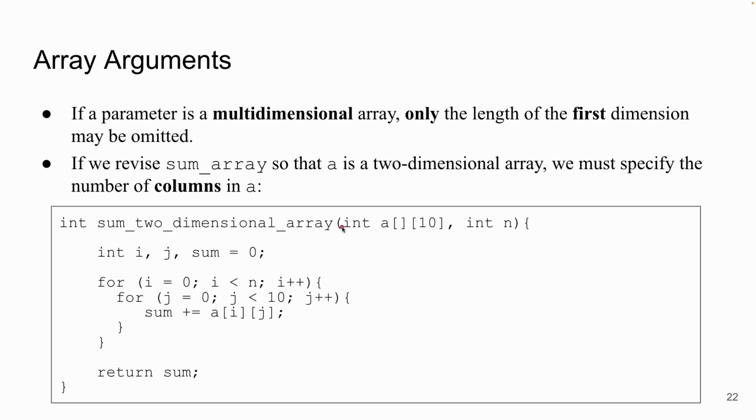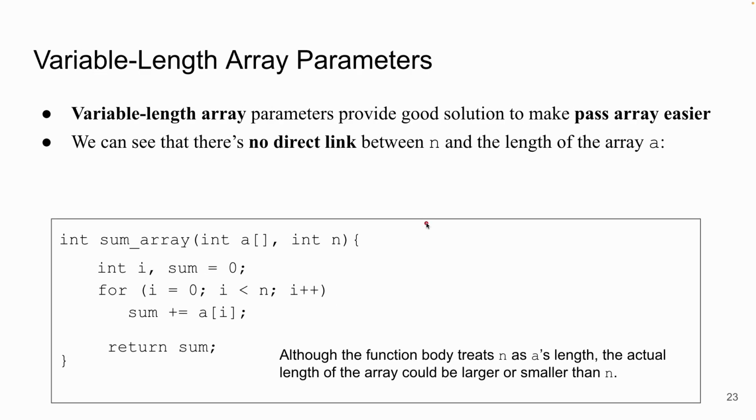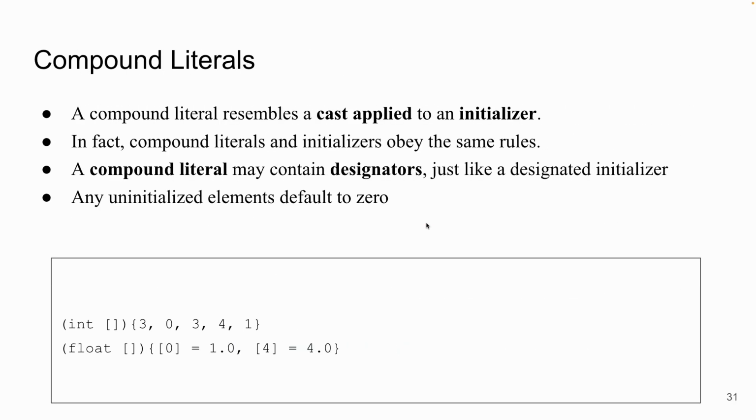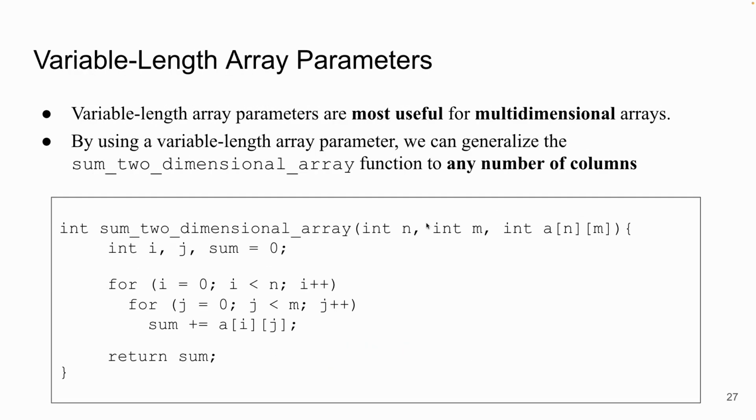So in the original version, we say that we need to provide the number of columns, right? But in this revised version, we can make this 2D array a variable length array.